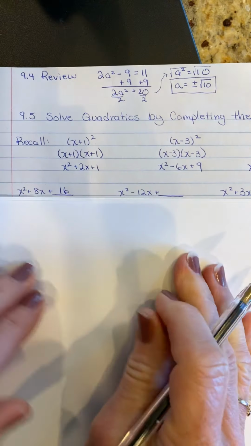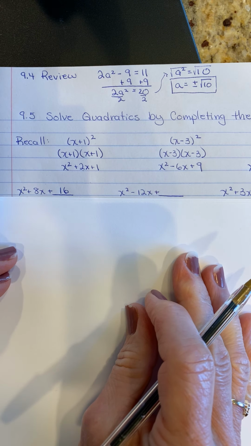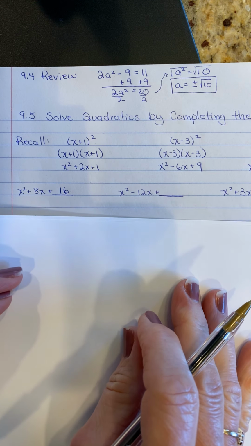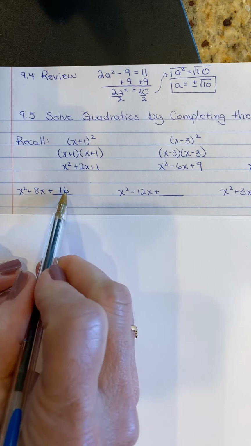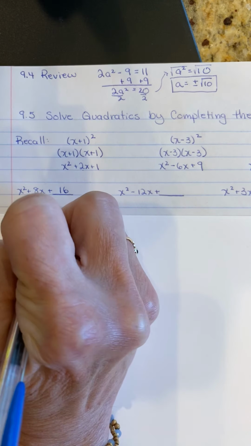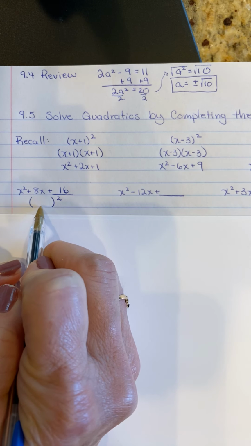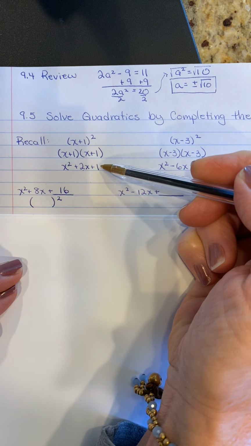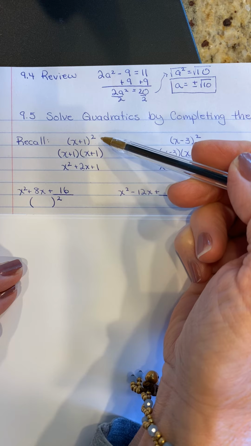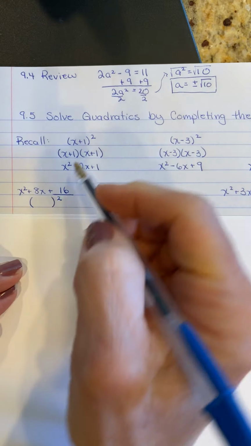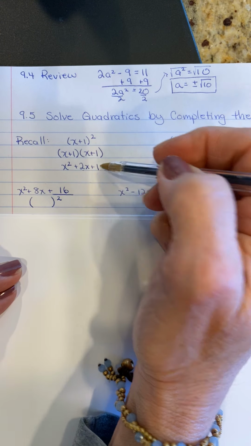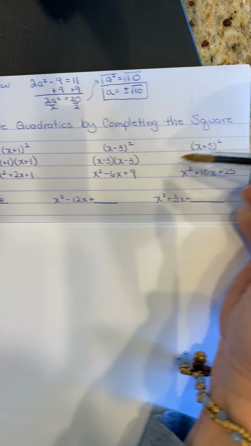16. The second step in this completing the square would be then to write this as a binomial squared. And what do you think this would be? In other words, we're going from this step back to here. Well, we know that this number squared equals that. 3 squared equals 9. 5 squared equals 25.